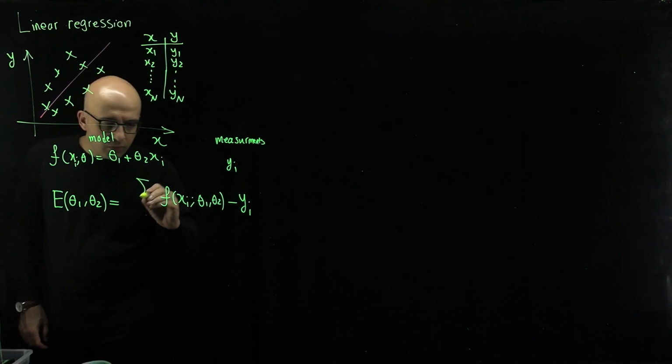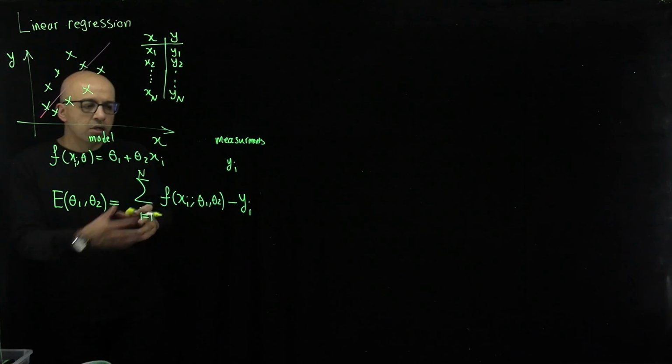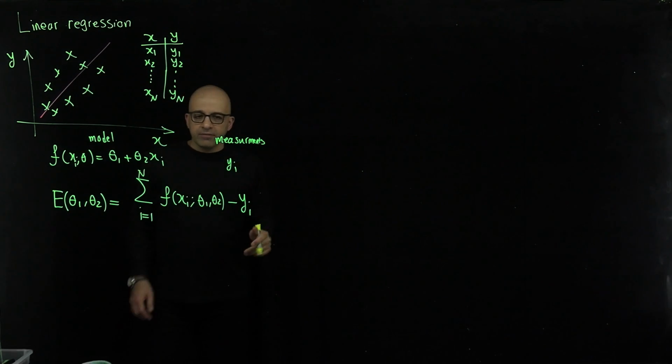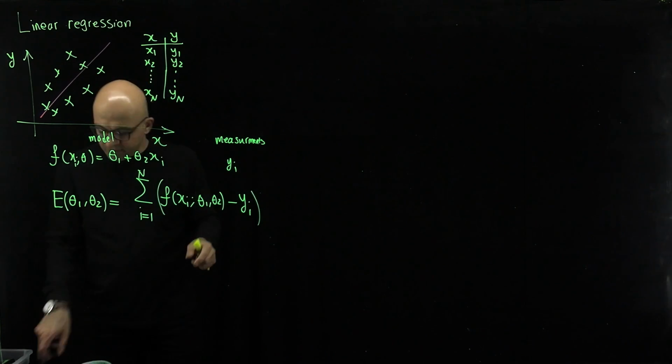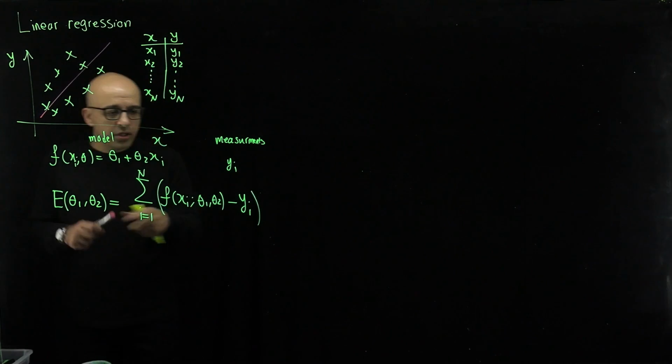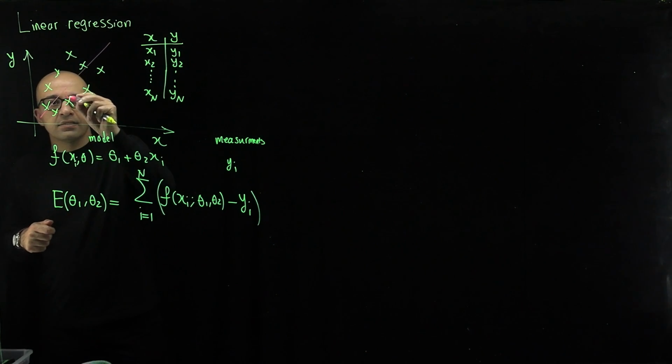Obviously this would be just the ith point, so we want to look at all points, and we need to sum up the error. But if you just sum up the error in this form, let's look at this value here. For this point, for example, the value would be this distance.